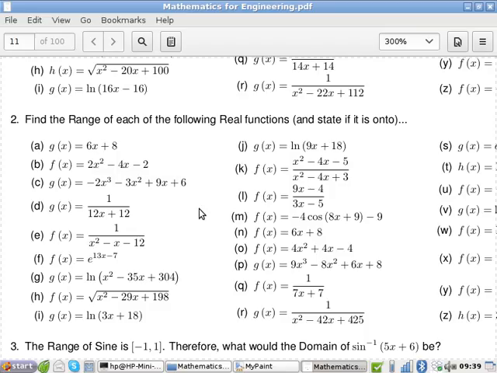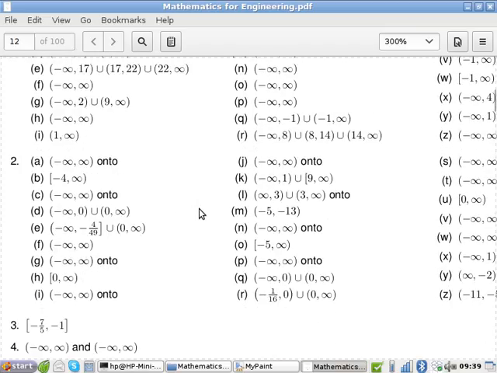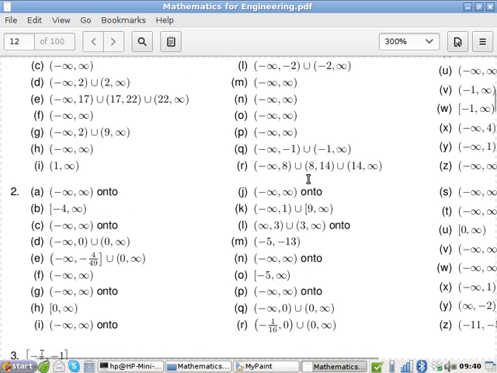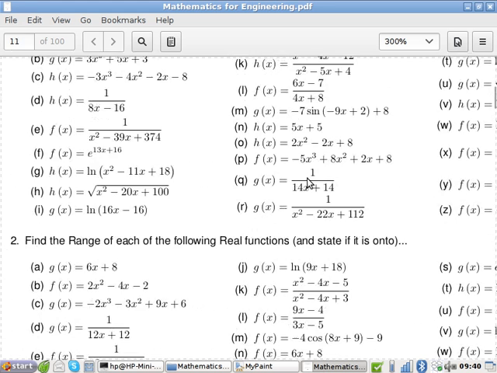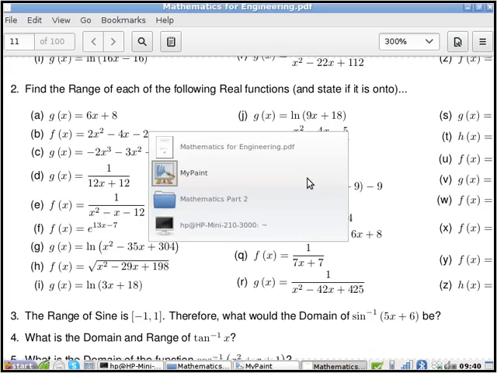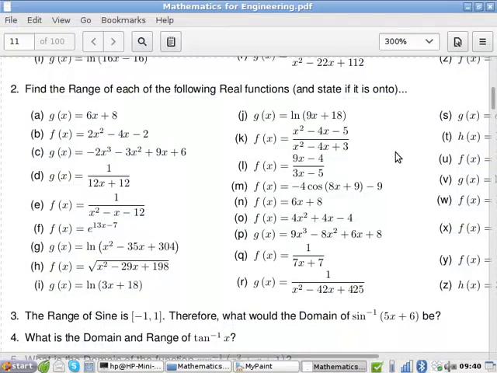Okay, you want to check the answer? Were you right? Nearly. Really? Alright, let's have a look. What was the function here? X squared minus 5. Oh, okay, sorry. You nearly have it? Super.